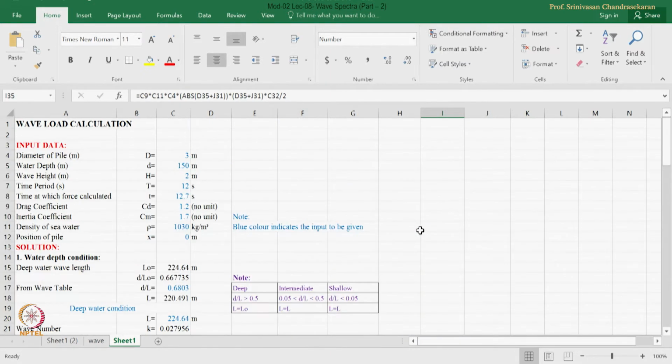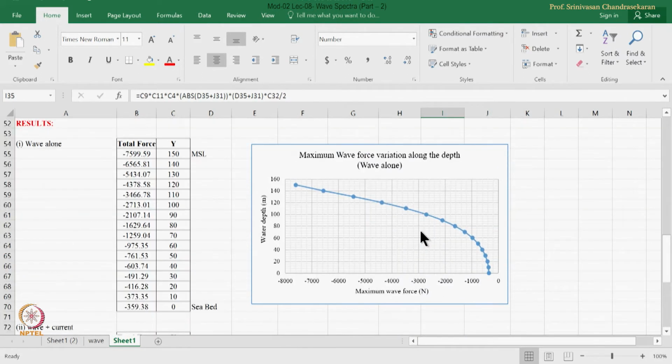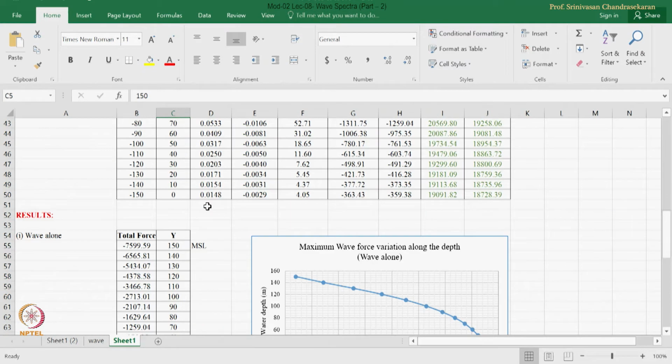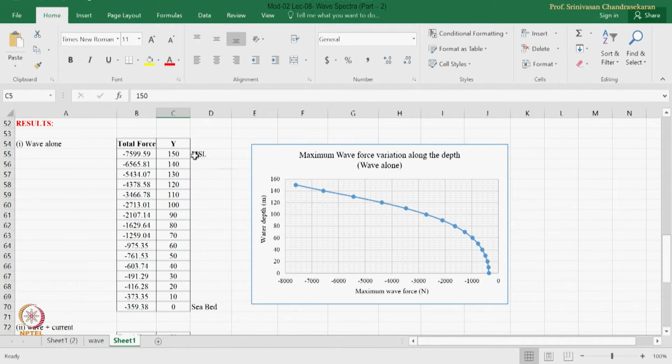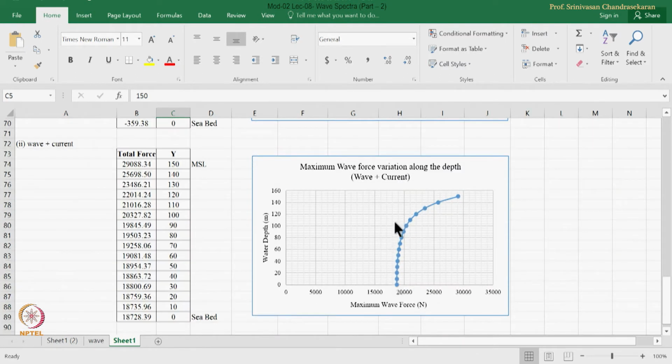You can always reproduce it in your Excel sheet and try to plot the variation. If the variations are plotted from the seabed towards the mean sea level, because the water depth is 150 meter, I am trying to plot from the seabed towards the mean sea level at 150. If you take only the waves, this is a typical variation you see. If you plot adding current to it, there is a variation you can see.